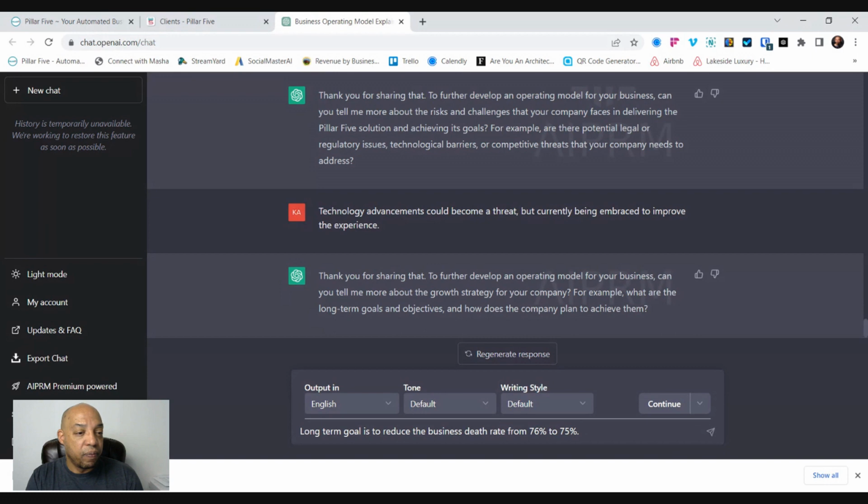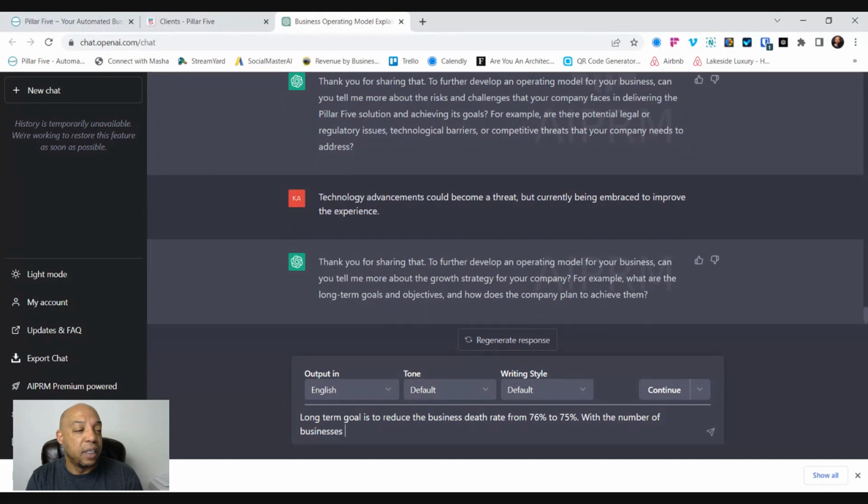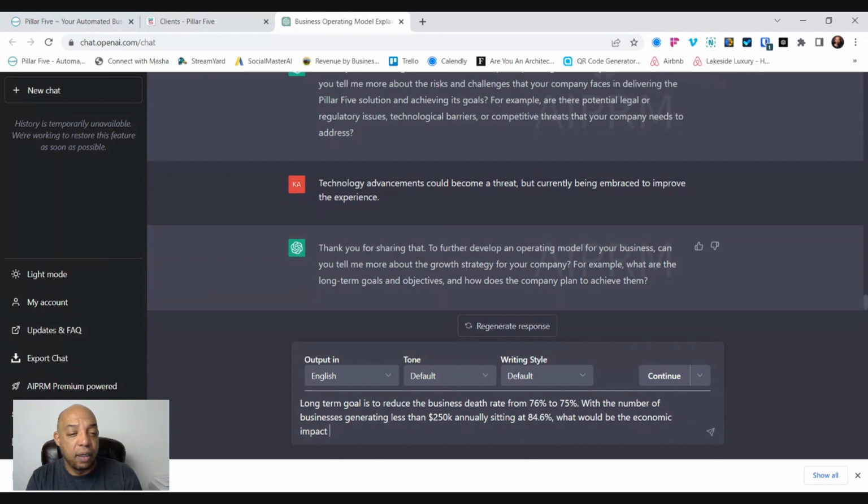Now, let's just share this with the number of businesses generating less than 250,000 annually, sitting at 84.6%. What would be the economic impact of this goal?